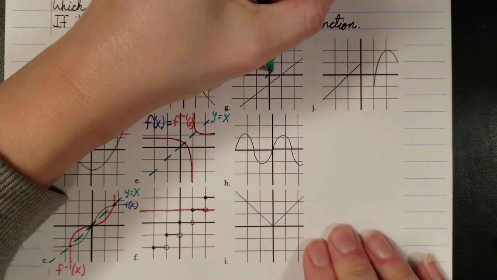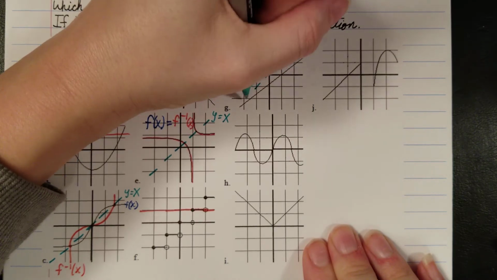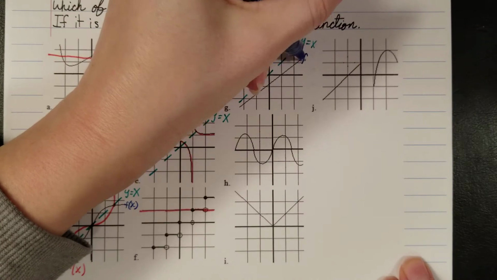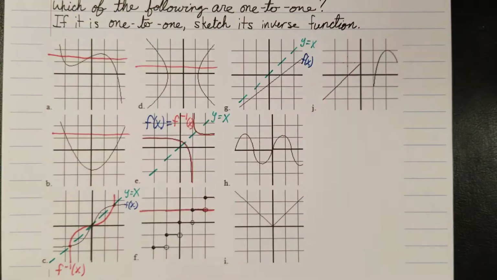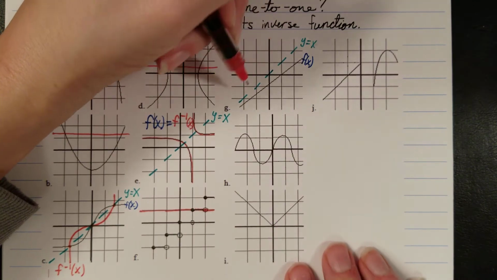So here's my line of symmetry, y equals x. This line here is f of x, and then I'll use red to draw the inverse.